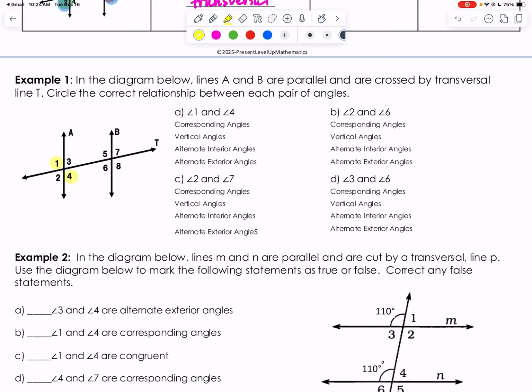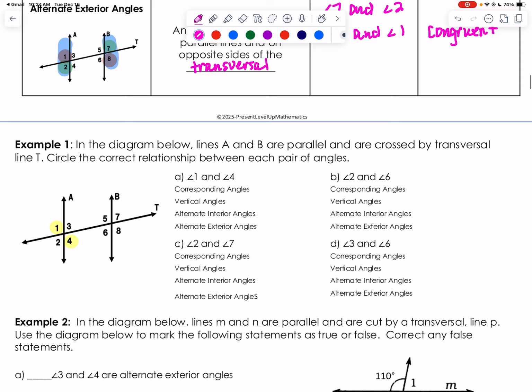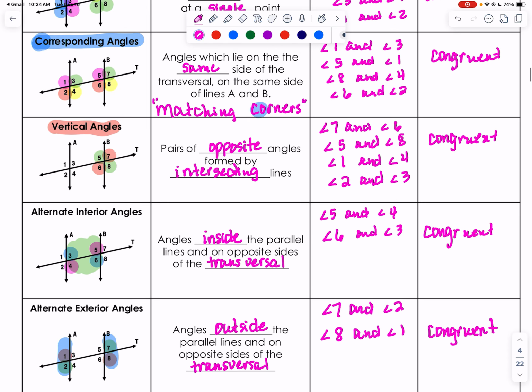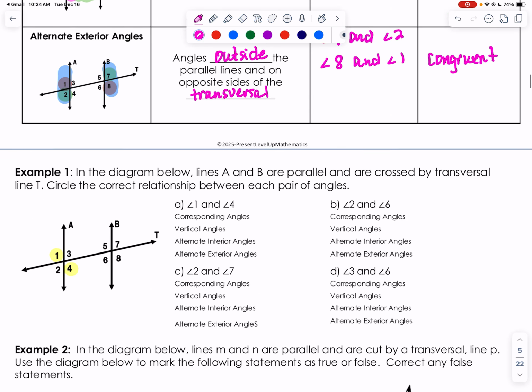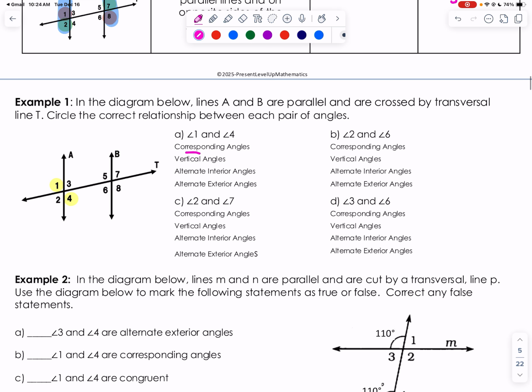In other words, are they matching corners? No, they're not matching corners. Are they vertical angles? And the answer there would be yes, they are opposite. Remember, vertical angles are opposite angles formed by intersecting lines. So we're going to circle vertical angles.